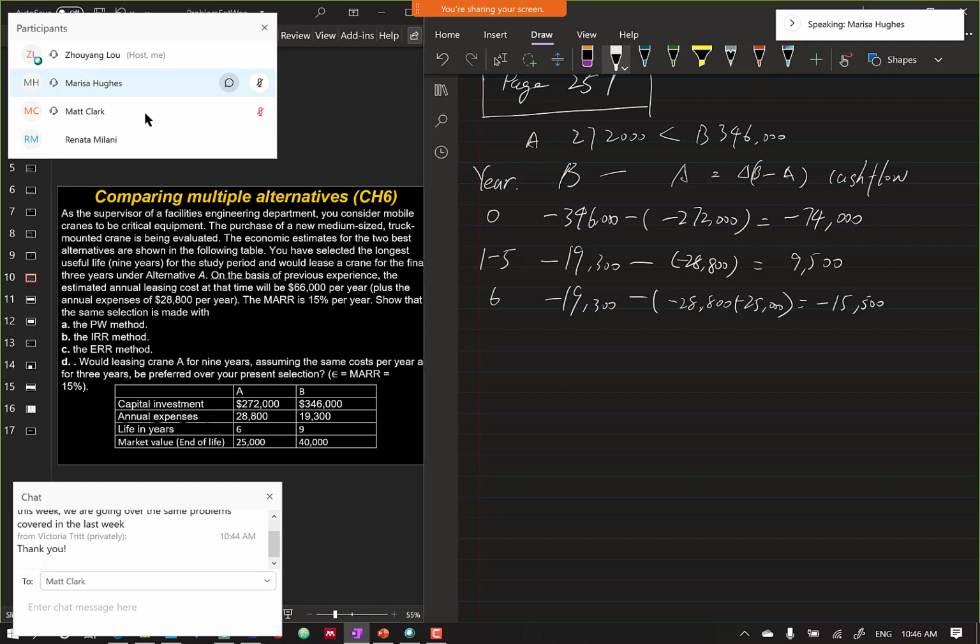I have a question about adding. Wouldn't you want to add the 25,000 as opposed to subtracting it, since it's money that you get back? So that's a good point. This one is expenses, right? That's the minus sign, and this is the market value. So that's actually the money you can get once A has ended.